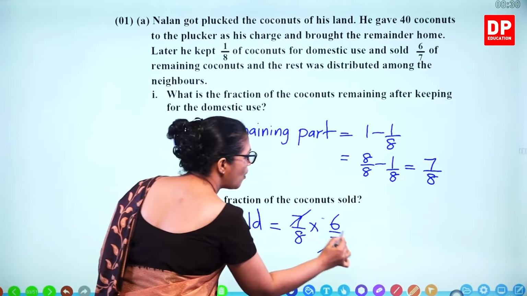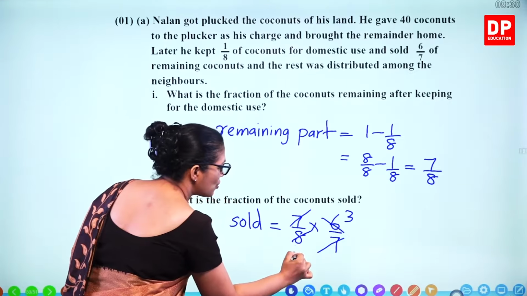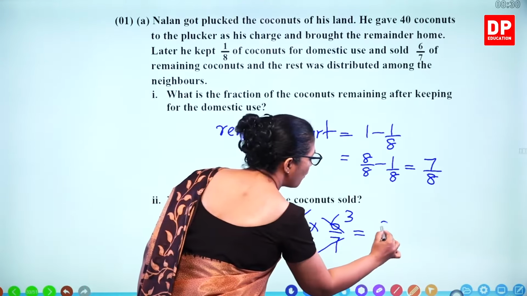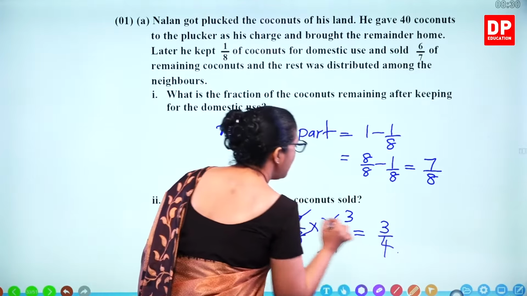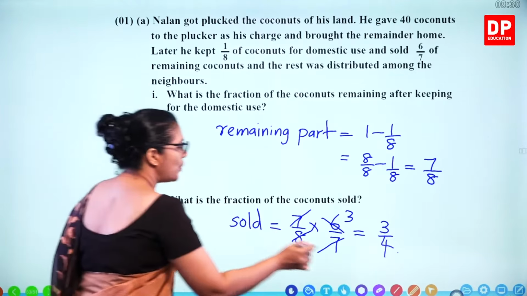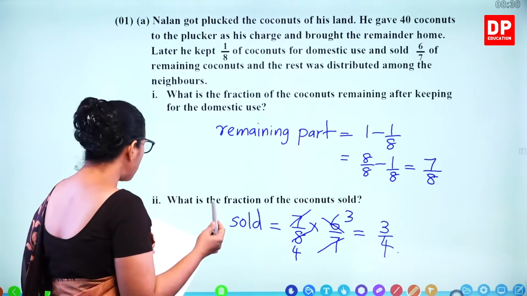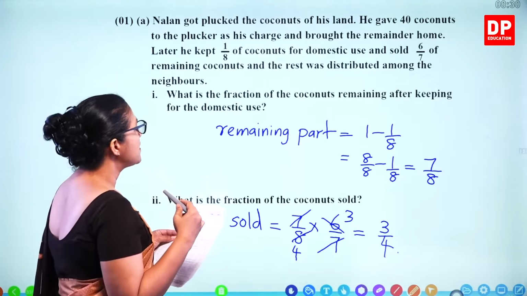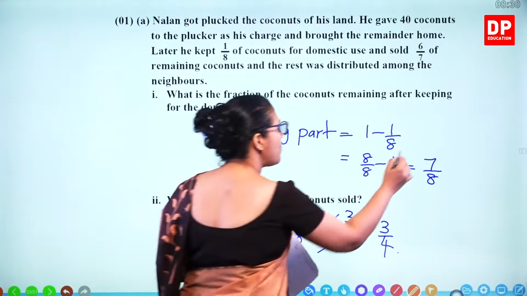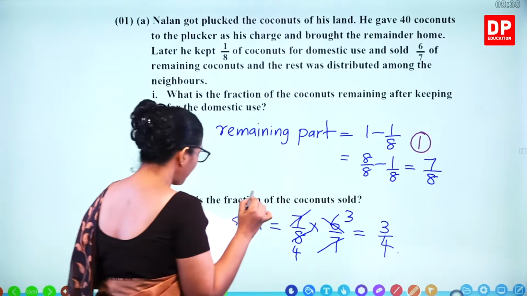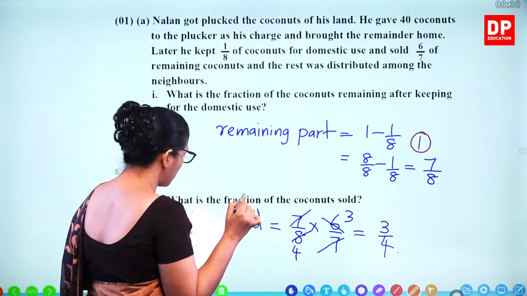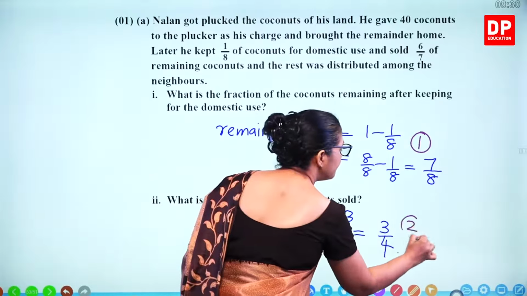The 7s get cancelled out. 2 times 3, 2 times 4. So 3/4 he sold. So we'll see how many marks for these 2 steps. According to the marking scheme, 7/8 gets just 1 mark, and 3/4 gets 2 marks.